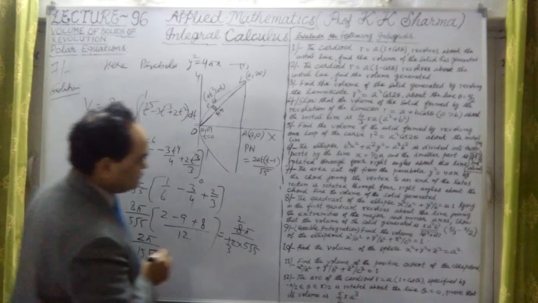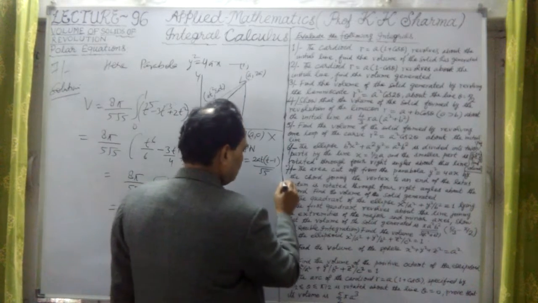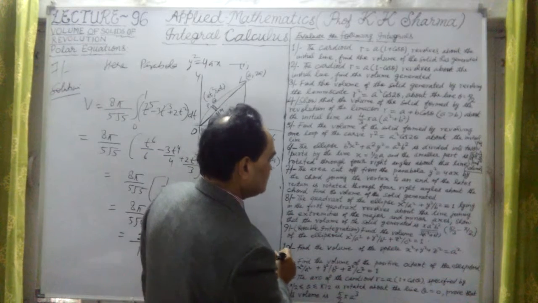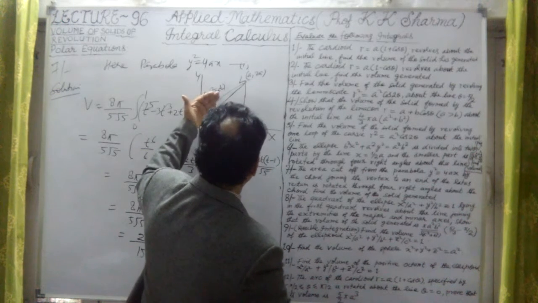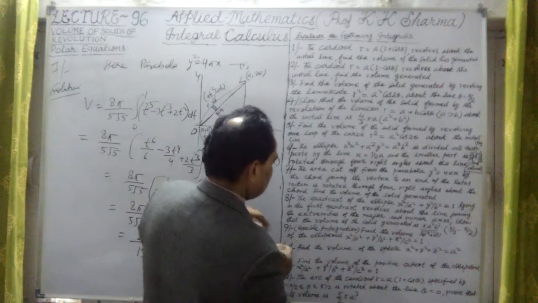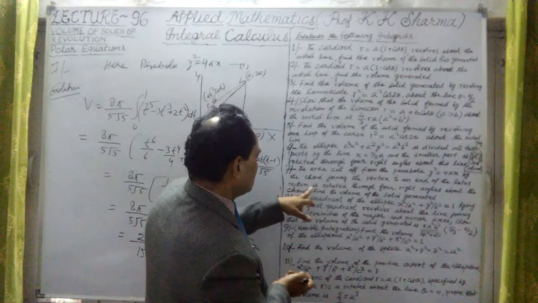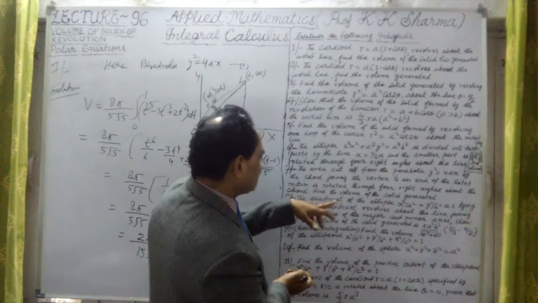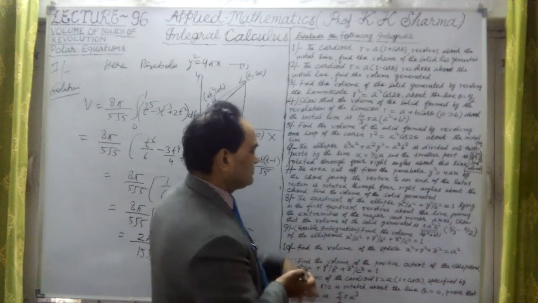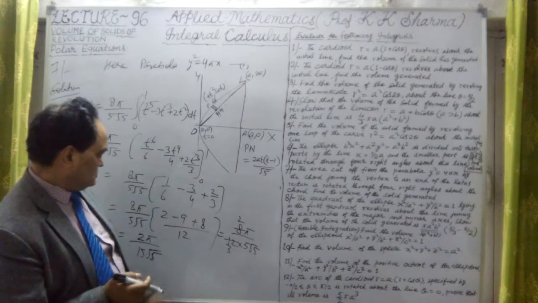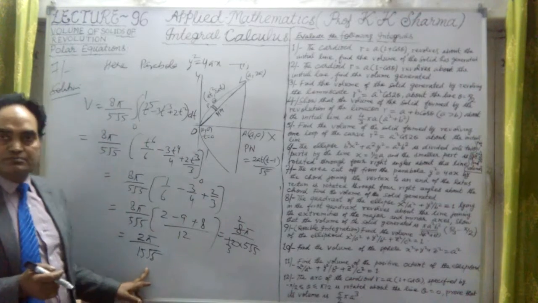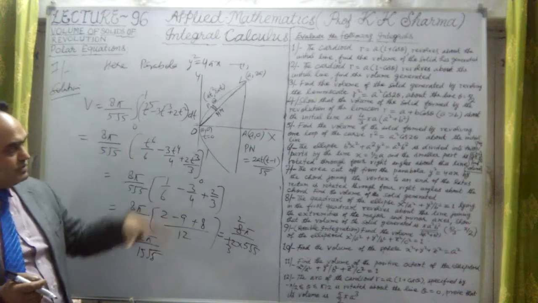This is the final volume of that solid, which is generated by revolving this area about the chord. Okay, that is the point here. The latus rectum is rotated through four right angles about the axis, find the volume of the solid generated. So this is the volume, 2π by 15√5. Okay, this is what we have calculated.